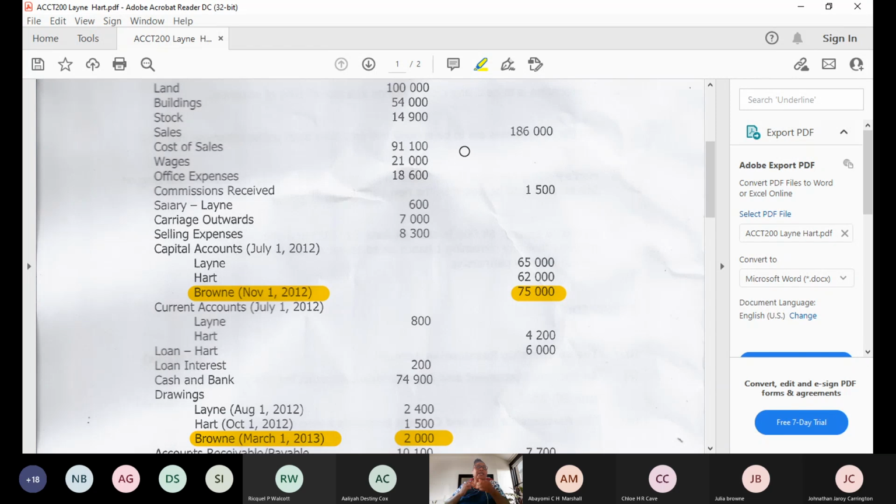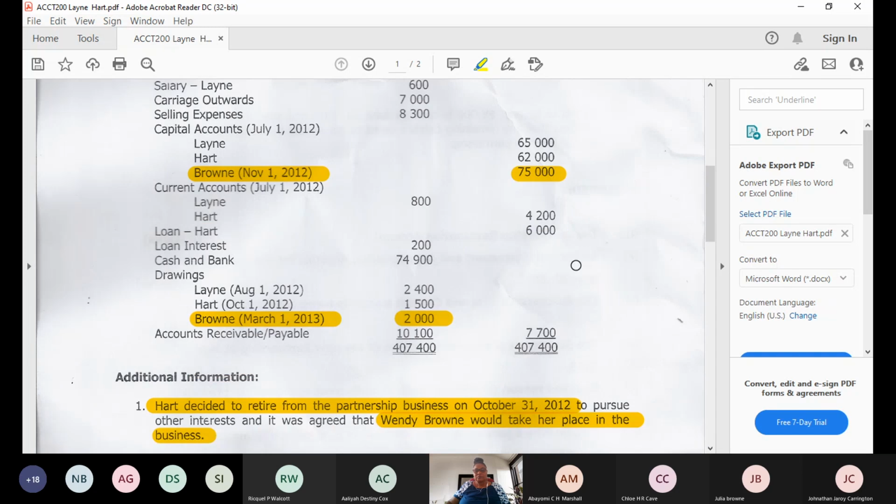Hart cannot share in that full amount of the gross profit. Why? Because while Hart was there in the business, she was only able to help the business generate a certain amount of sales. So because she was only able to help the business generate a certain amount of sales, she can only share in a profit with what she helped generate. It means all the other sales and all the other profit Brown would have helped generate. So then Brown was share with Lynn with the other part of it, right?